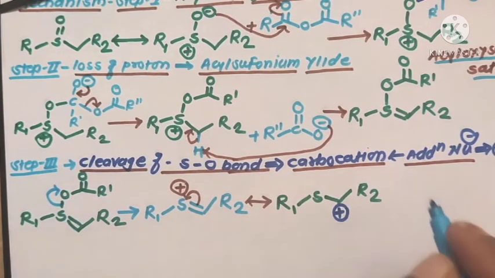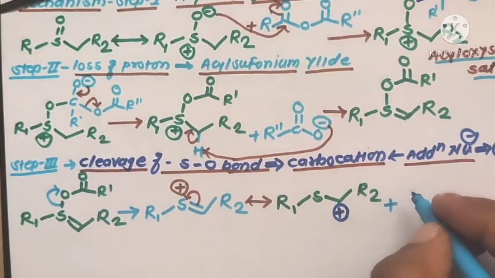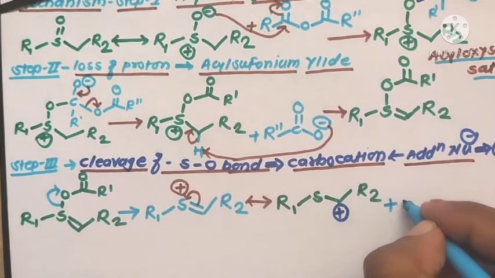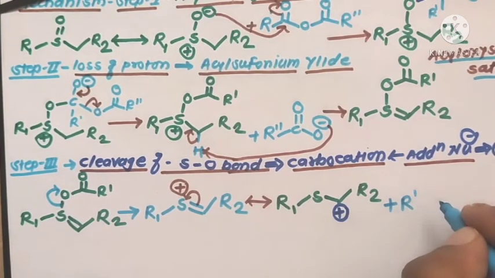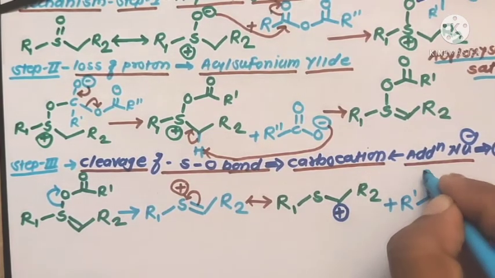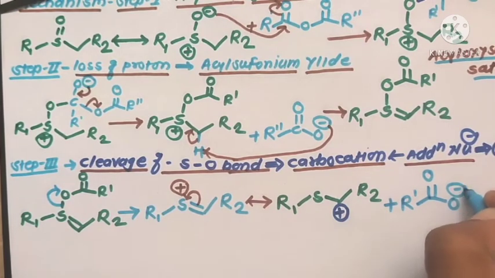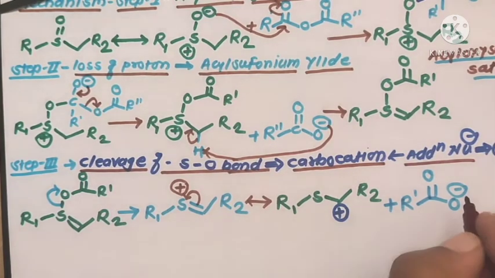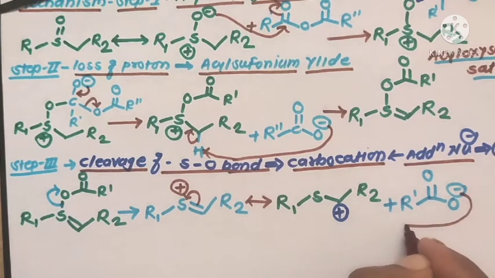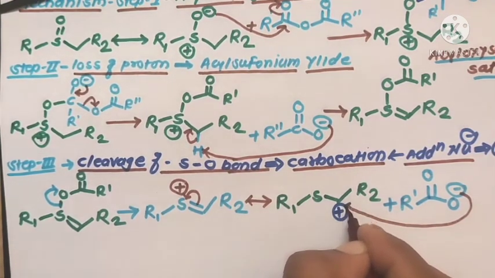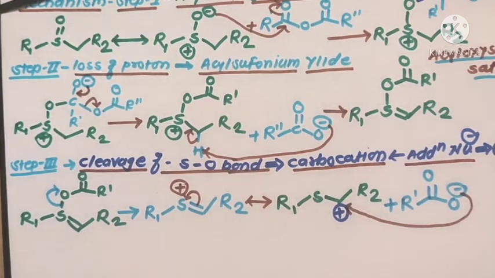This acylate ion, R' C double bond O minus ion, acts as the nucleophile. It donates electrons toward the electron-deficient CH2 carbocation to form the final product of this reaction, the alpha acyloxy thioether.